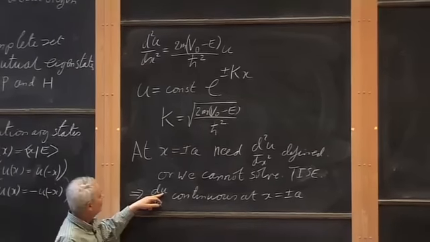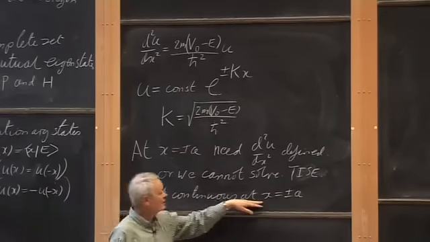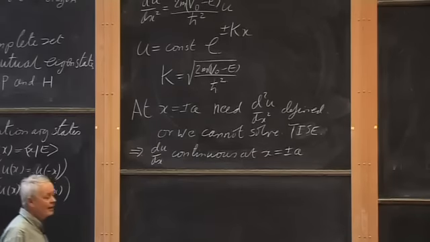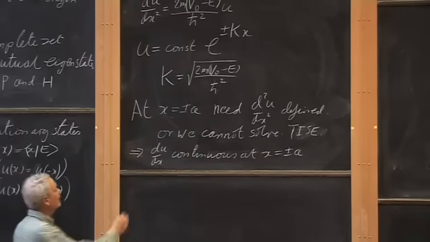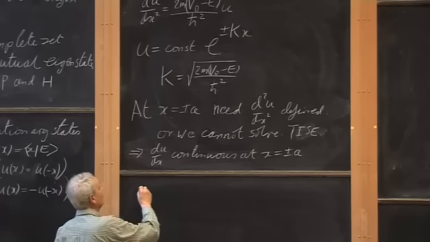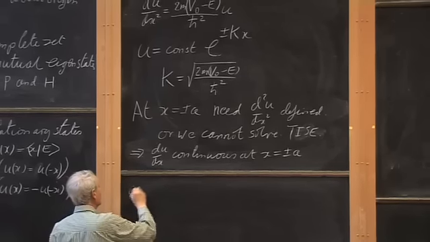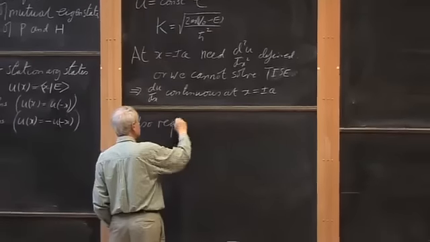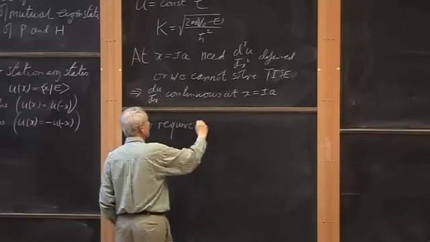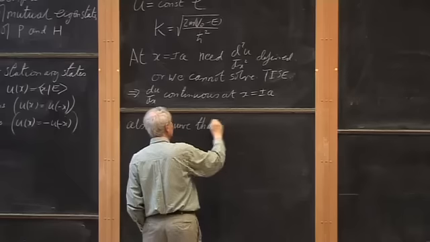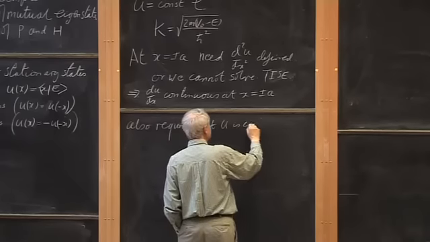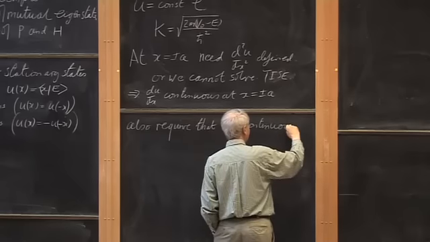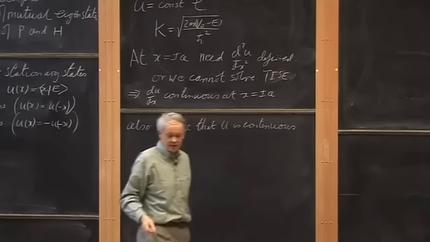Okay, so the gradient has to be continuous. The gradient is not even going to be defined unless the wave function itself is continuous. So for similar reasons we also require that U is continuous at these points.